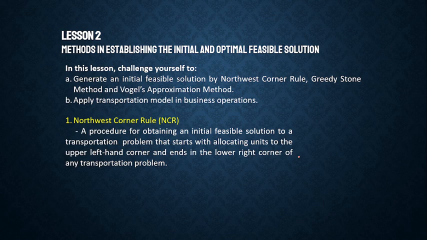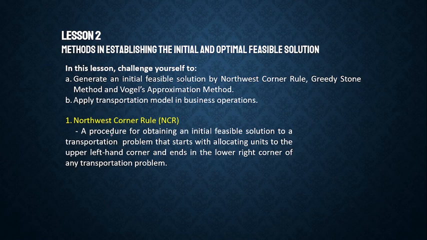The procedure of the northwest corner rule for obtaining an initial feasible solution to a transportation problem starts with allocating units to the upper left-hand corner and ends in the lower right corner of any transportation problem.